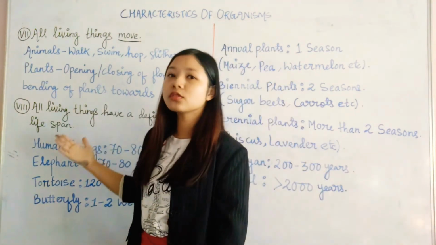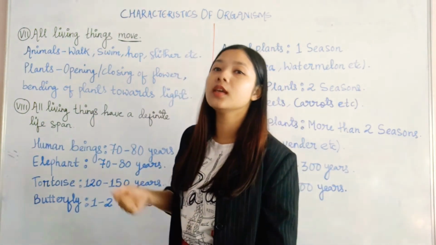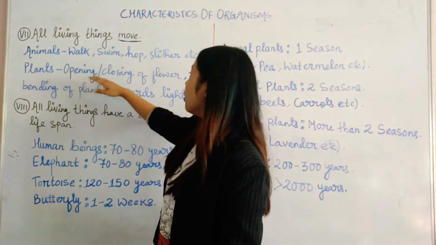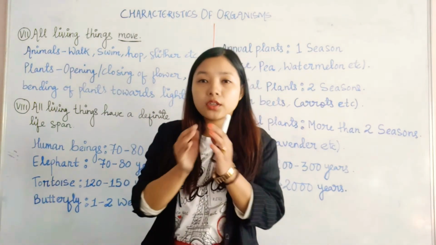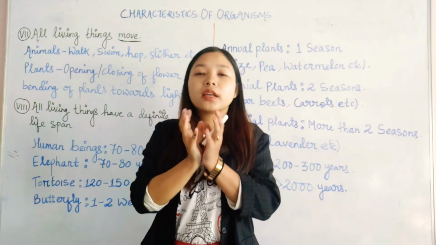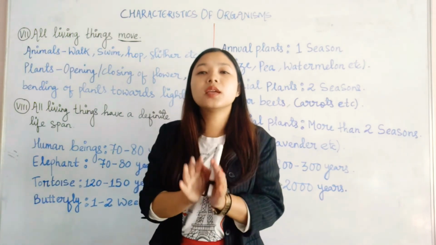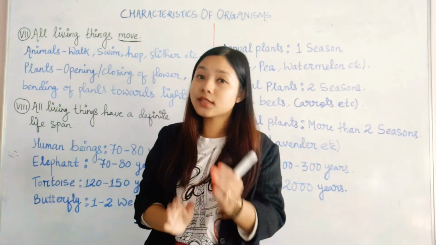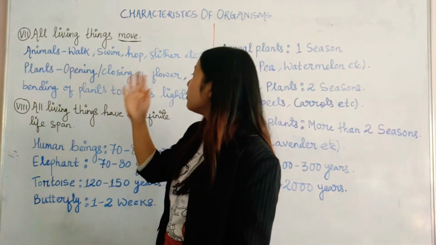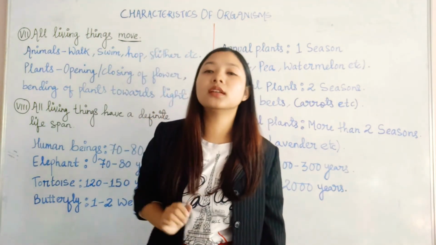Whereas in the plants also movements can be seen. For example, opening and closing of the flower. The opening or blooming of the flower and again closing is nothing but movements which can be seen in the plants. Then bending of the plant towards the light.